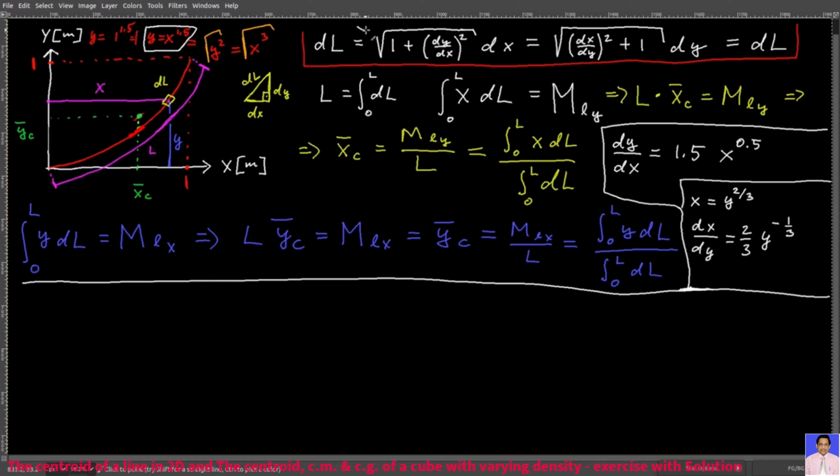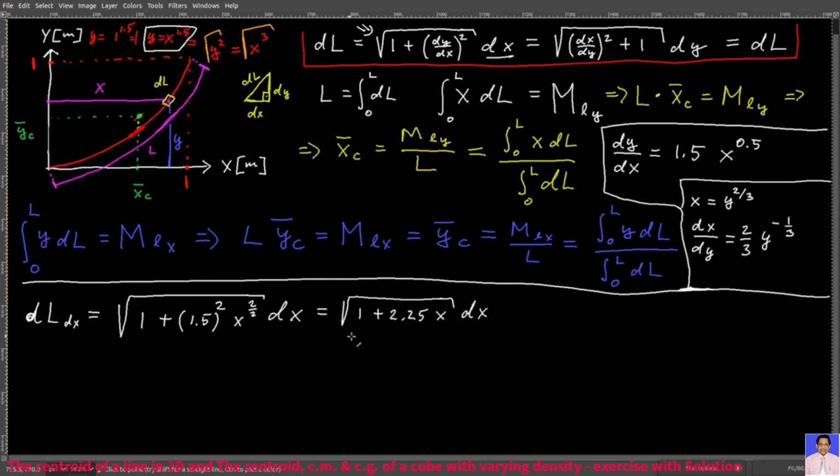Thus, if I take this expression, where I have dL that contains your dx, it will be 1 plus dy over dx, that's this expression, but you have to square it, so you will have 1.5 squared times x to the power of 2 over 2, and then you will have dx here.